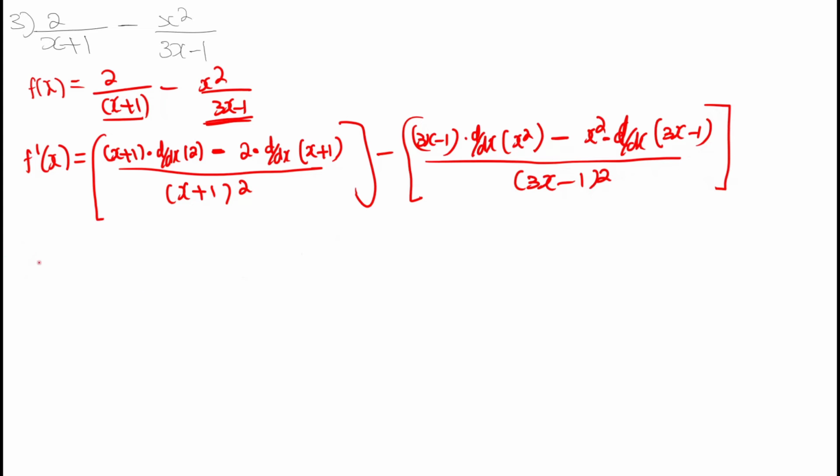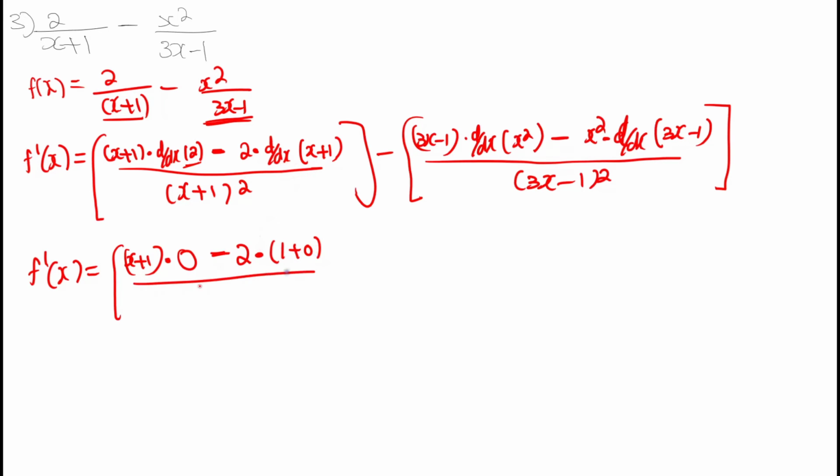In the next step, f dash of x value is equal to, here, x plus 1 into d by dx of 2, it is a constant, no x, right? So it is 0, minus 2 into d by dx of x plus 1, where x is 1 plus 1 is 0, divided by x plus 1 whole square.